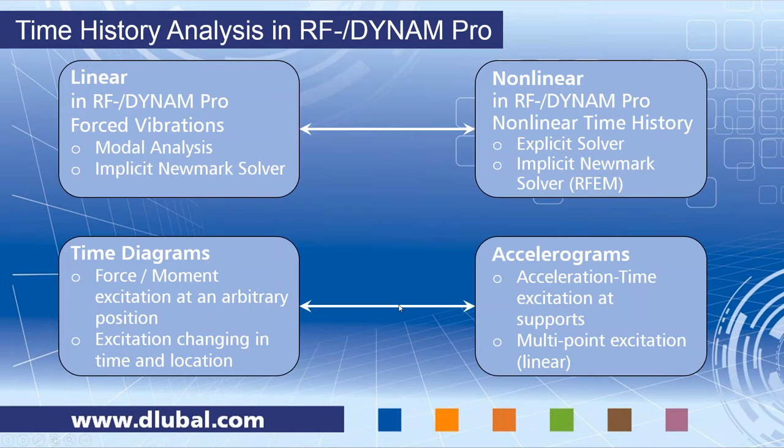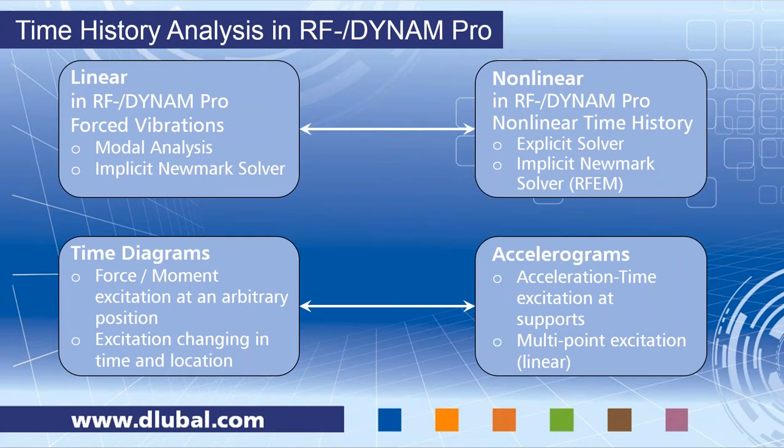We further distinguish between the time history analysis of time diagrams and oscillograms. The time diagrams can be defined as tabulated values, as a periodic function, or you can enter a function term directly in an added field. You define loads and load cases to define the location of the excitation. So this makes it very flexible.